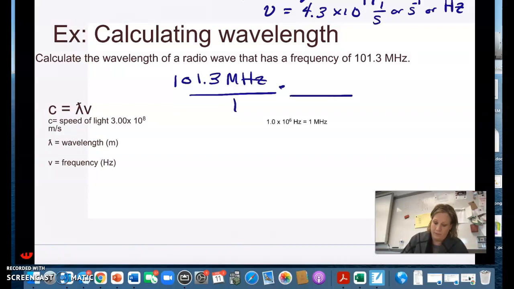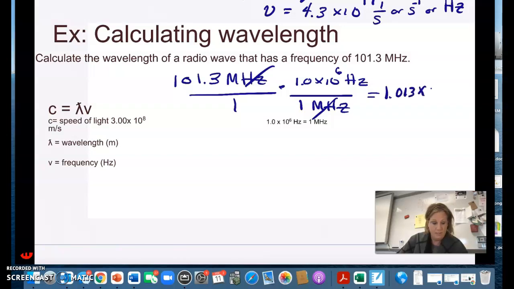And we know that there's 1 times 10 to the 6th hertz in 1 megahertz. So really, we're talking about a frequency of 1.013 times 10 to the 8th hertz.